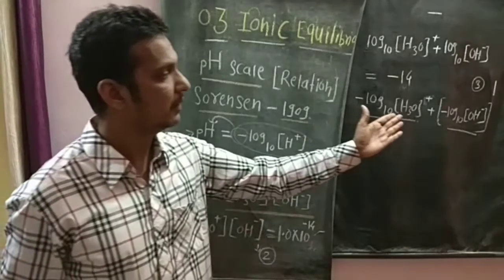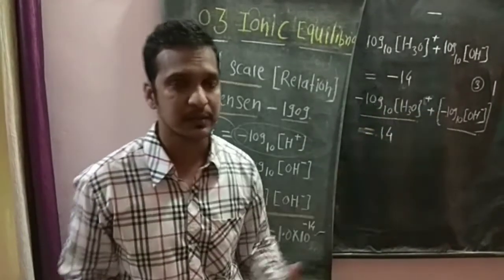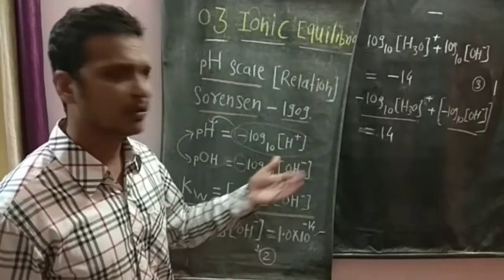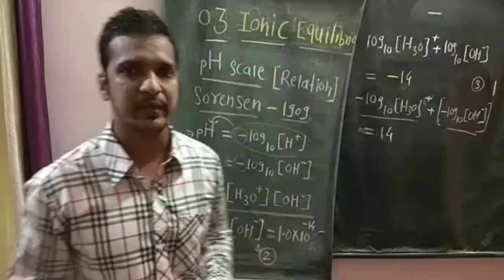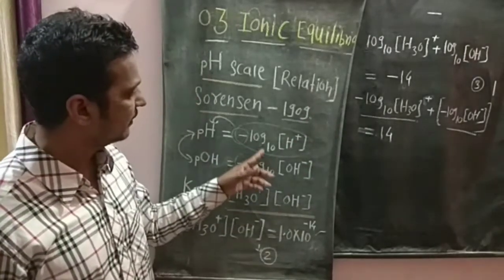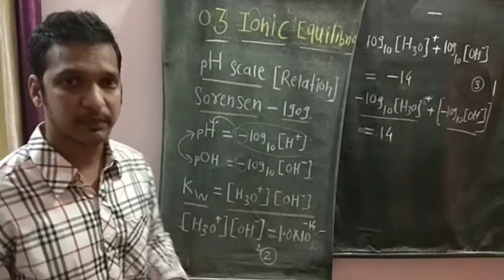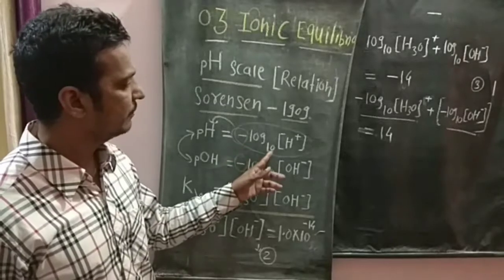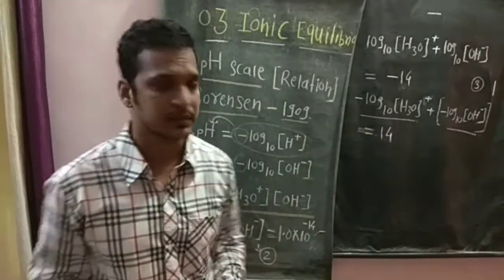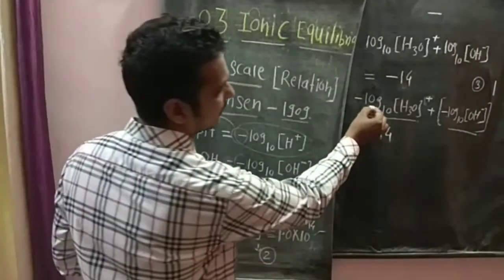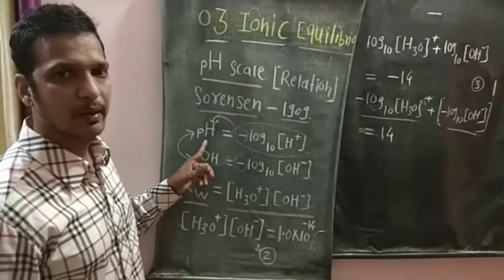We can use H3O plus instead of H plus, or H plus instead of H3O plus. So negative logarithm to the base 10 concentration of H3O plus is equal to pH.